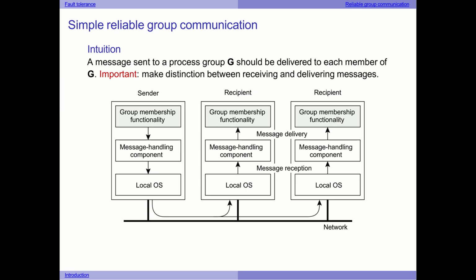Next, in reliable group communication, just now we talked about sending messages. A distributed system needs an intuition. We already learned about the process group. The intuition is that a message sent to a process group G should be delivered to each member of G, which is the process group.